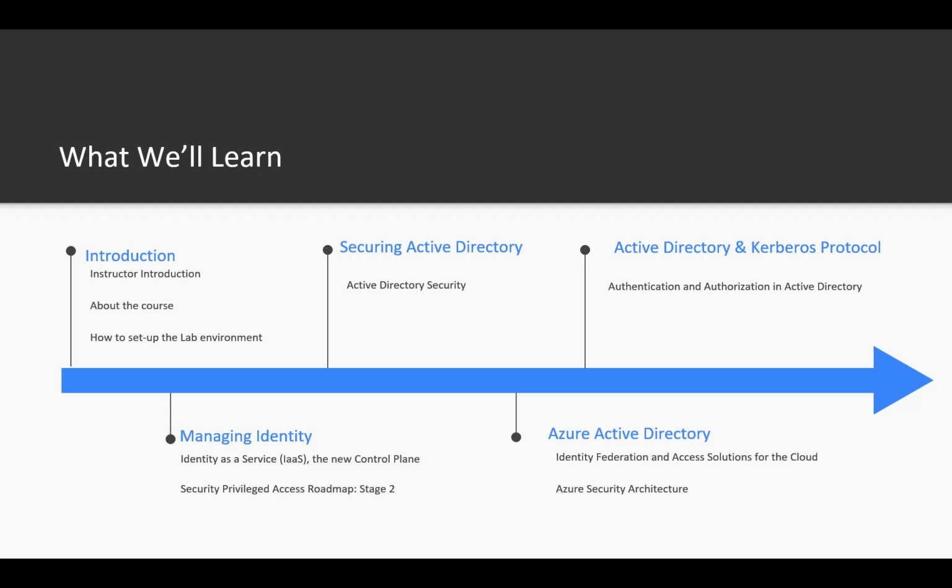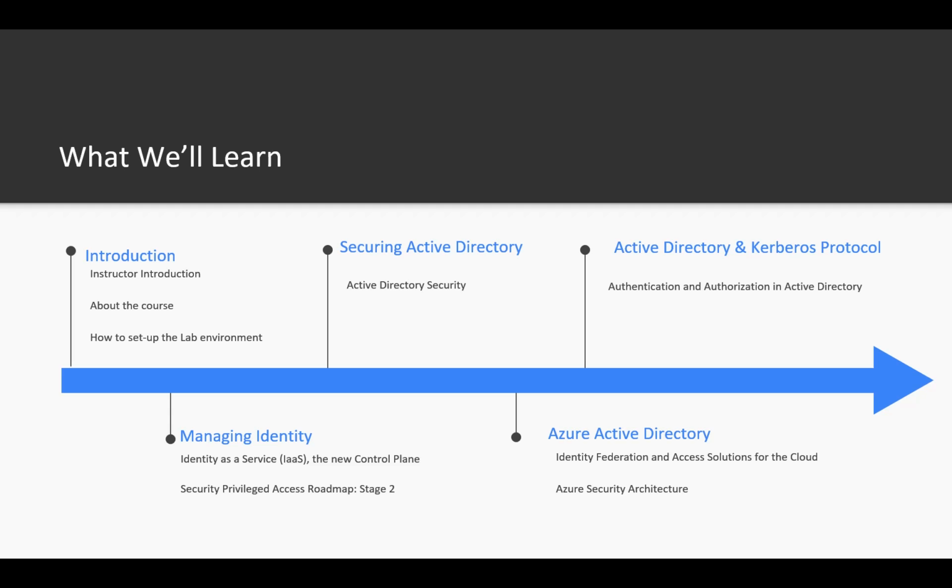Then going on to the fourth section, we are going to discuss Azure Active Directory, and we'll have two lessons here. In the first lesson, we'll discuss identity federation and access solutions for the cloud, and in the second lesson, we are going to cover Azure security architecture. Here we'll discuss lots of security services and capabilities offered in Azure that are strictly related to Azure Active Directory.